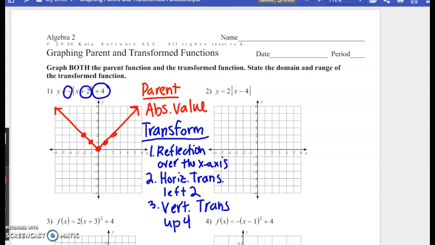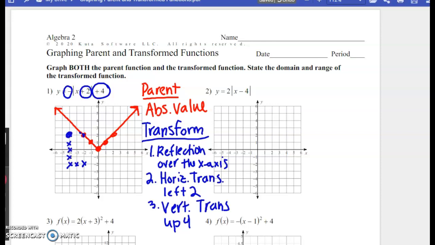So let's go ahead and graph this. I'll graph it in blue, just like my transform. I'm going to do it in order, so in the order I read them is how I'm going to shift these. So this point here at 2 is going to reflect to -2. So it's going to reflect down here. And then I got to move that little x to the left 2 and up 4. So I go 1, 2 to the left, 1, 2, 3, 4 up.